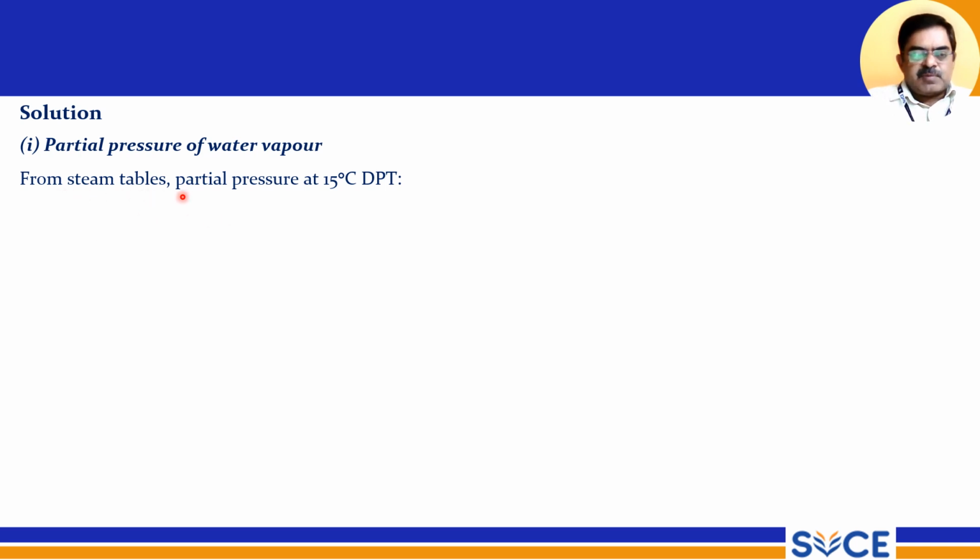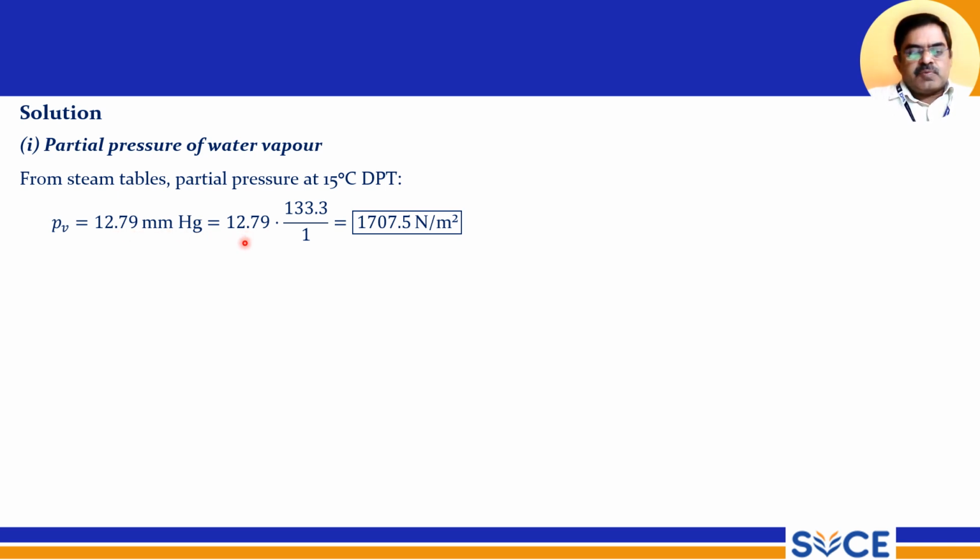From steam tables, the partial pressure at 15 degrees Celsius dew point temperature, PV, is equal to 12.79 mm of Hg. So that is equal to 12.79 into 133.3 divided by 1, which is equal to 1707.5 Newton per meter square. So that is the partial vapor pressure.